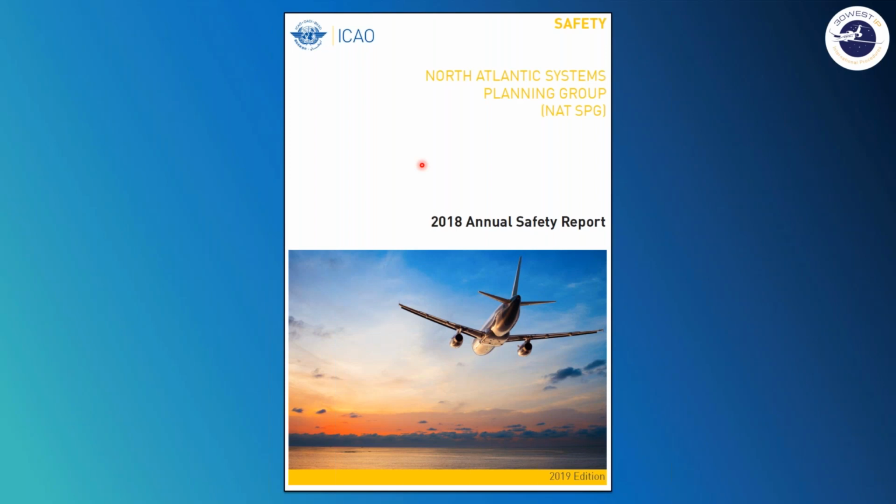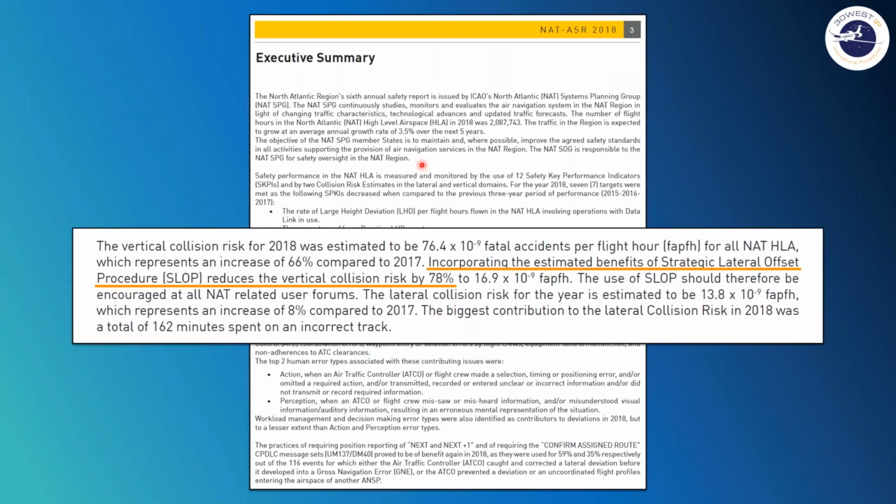And here's what they found. Incorporating the estimated benefits of the strategic lateral offset procedure reduces the vertical collision risk by 78%. If I can reduce my risk by 78%, I'm all for that. That's a big number.